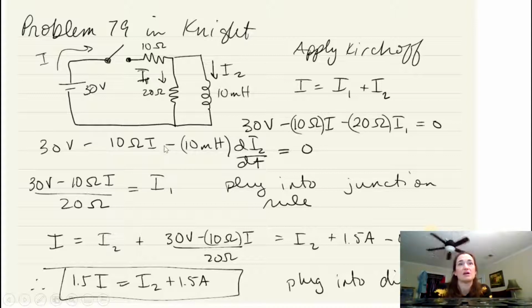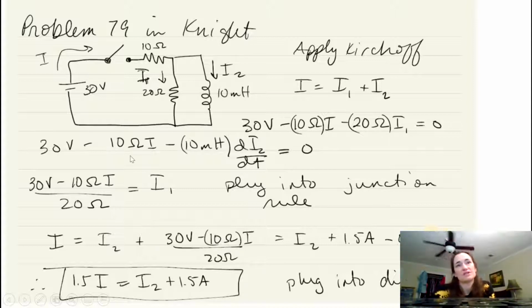Delta V is equal to IR. And then remember that the equation for the back EMF is minus L times di/dt, where L is the self-inductance and di/dt is the rate of change of the current. In this case, the 10 millihenry inductor is seeing current I2, so it's minus 10 millihenries di2/dt. So that's my loop rules.